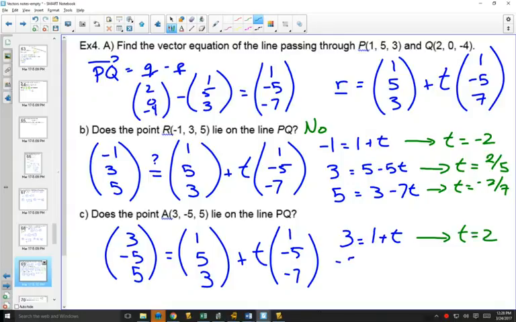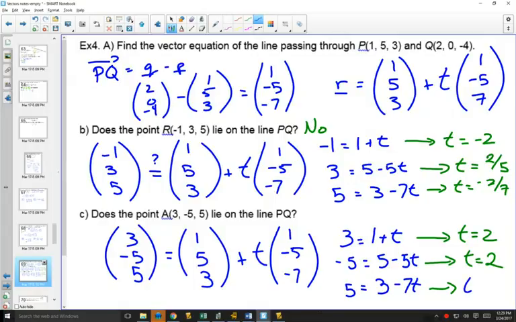Our y value, negative 5, is equal to 5 minus 5t. Solving for that, t is equal to 2. Things are looking good. And 5 is equal to 3 minus 7t. Solving for that, t is equal to negative 2/7. Oh, doesn't work.